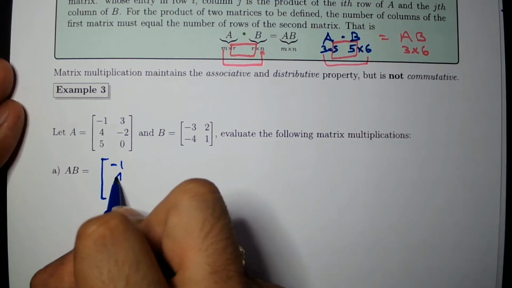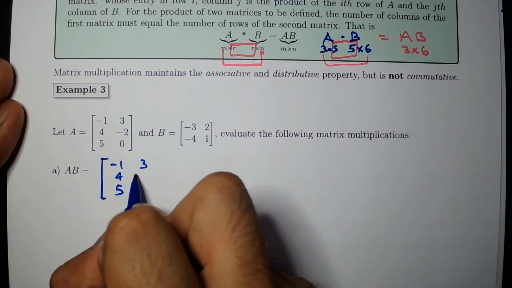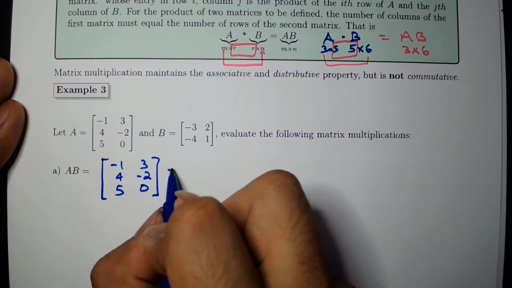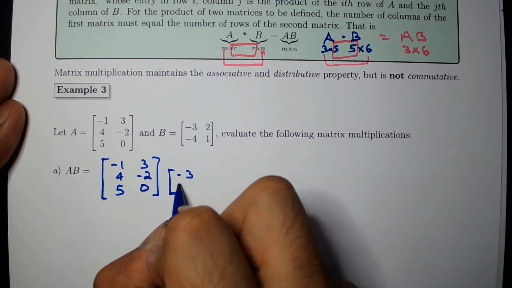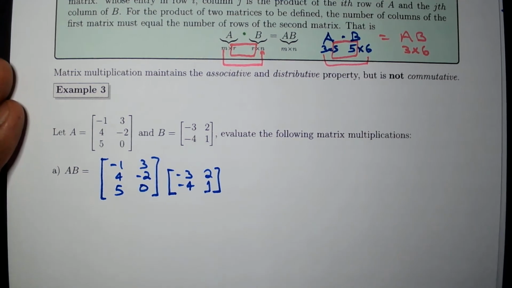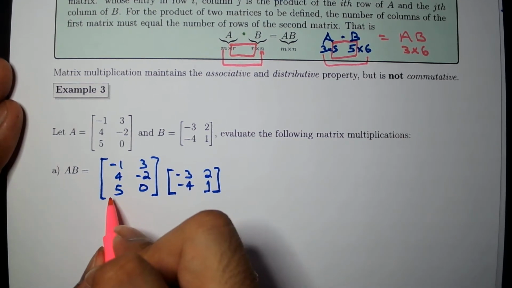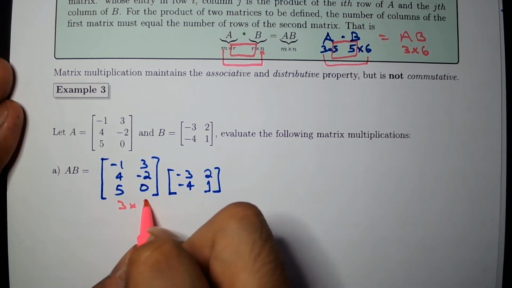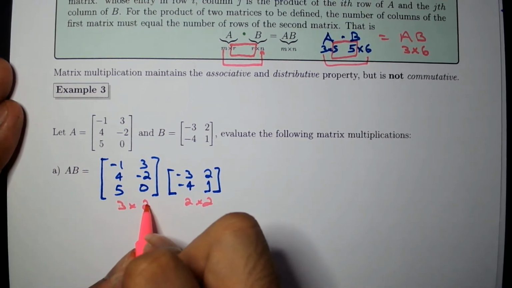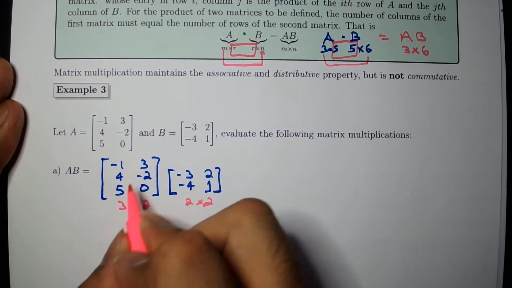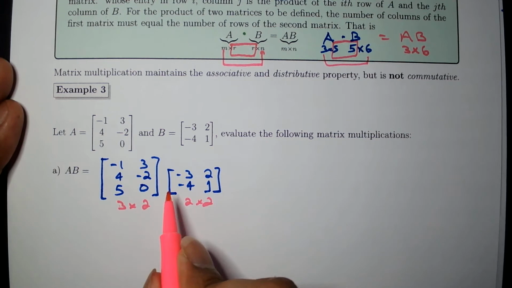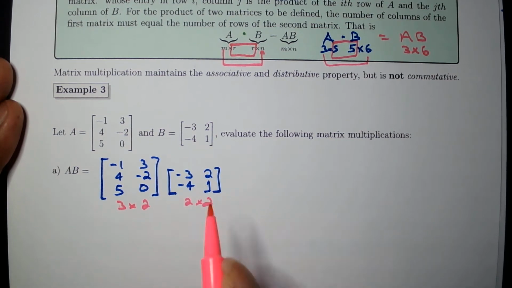A is -1, 4, 5, 3, -2, 0. Multiply that by B, which is -3, -4, 2, and 1. In this case, we have a 3 by 2, 3 rows and 2 columns, and this one is a 2 by 2, 2 rows and 2 columns.